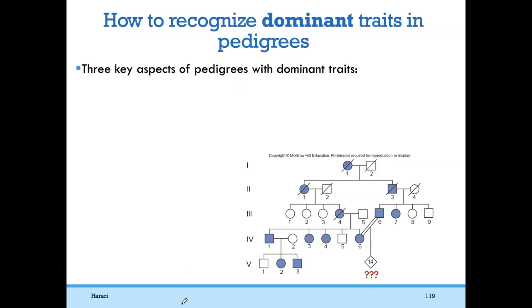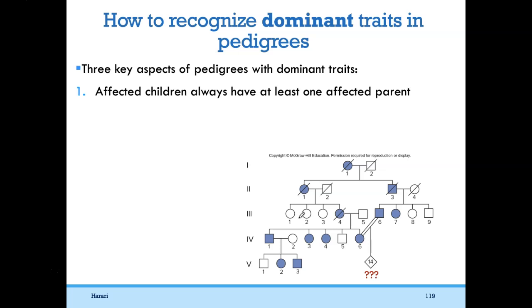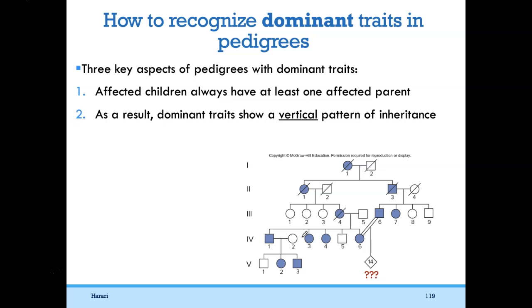This is very important. So now I'm going to tell you how to recognize dominant traits in a pedigree. There are 3 key aspects of pedigrees with dominant traits. An affected child will always have at least one affected parent. Anytime you have a child with a disease, the father or mother will also have it. It's the only way that a dominant trait can be passed down to a child, if the parent has it too.